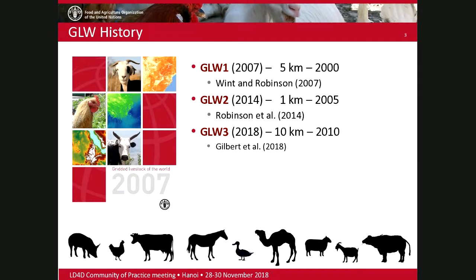Marius then became involved, and he's an extremely clever programmer, and he made the whole process much more efficient and robust and readily replicated. So from it being an ad hoc job of covering the whole world piece by piece, we then automated the whole procedure in GLW2, and now in GLW3 it's really a much slicker operation, and the whole modeling.